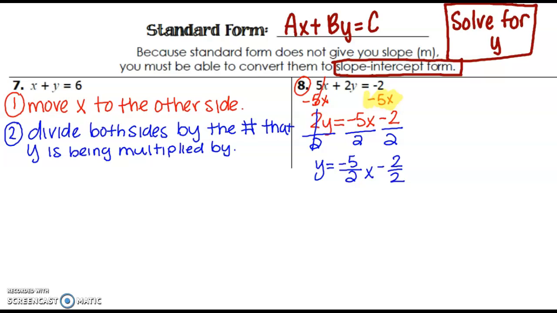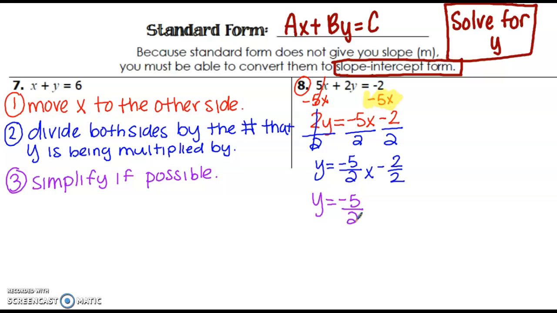Our third step is going to be simplify if possible. So while we're here, we have negative 5 over 2x. That can't be simplified.